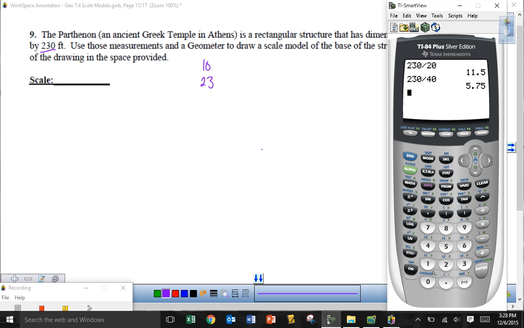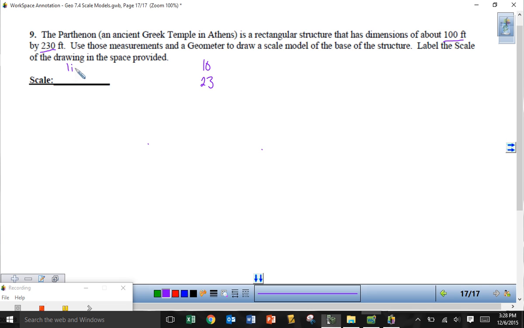Let's see if we divide 100 by 40, if that's nice as well. 2.5, that's something we can draw easily. Okay, well the factor that I picked was 40, so I'm going to say that 1 inch represents 40, and what is my actual building measured in? Okay, here we're measured in feet, so I'm going to say 1 inch represents 40 feet.